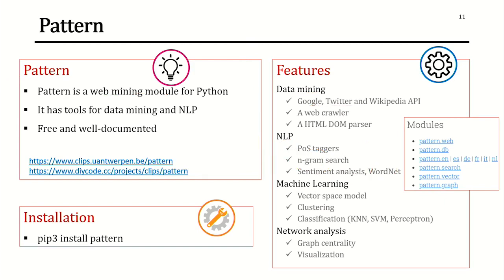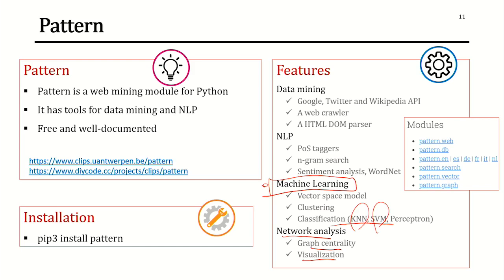And in addition to these NLP and data mining features, it can also be used to perform machine learning. It includes classification as well as clustering, like KNN and support vector machine here. And last but not least, it also covers network analysis, which is used to do graph centrality as well as to visualize our data in a graphical format.